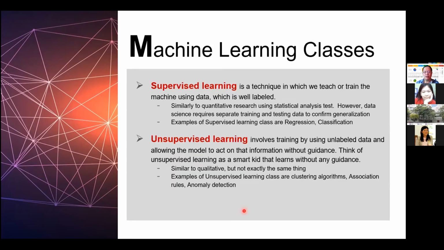Now, machine learning mainly has two classes. The first one is called supervised learning. Supervised learning trains a model based on the labels that we have. Usually we hear something like, we try to teach the computer by giving it data and telling it what it is.